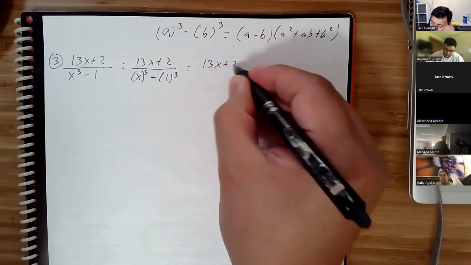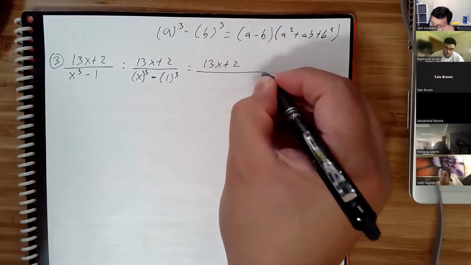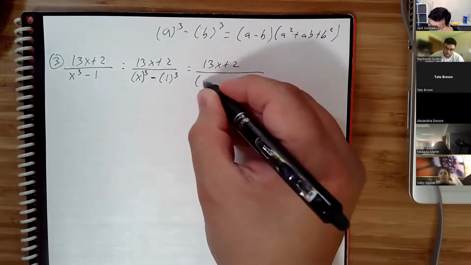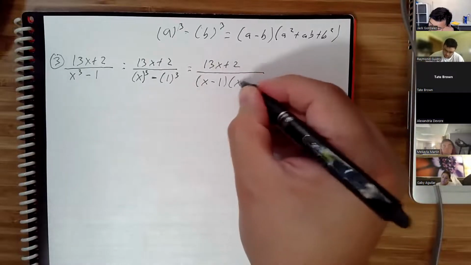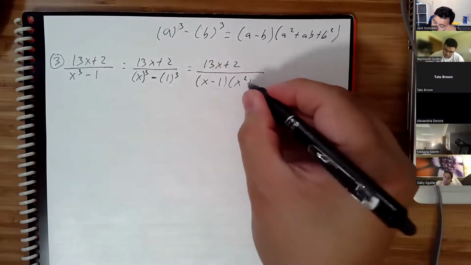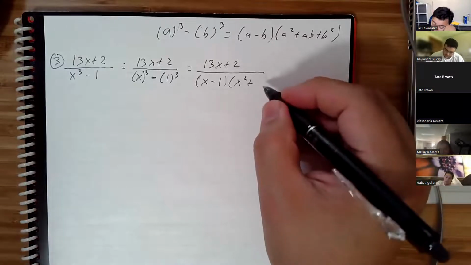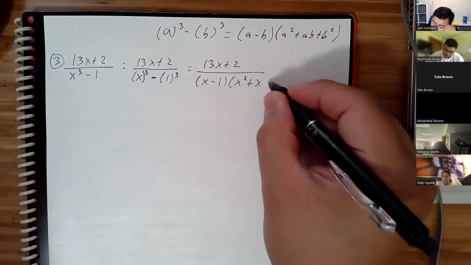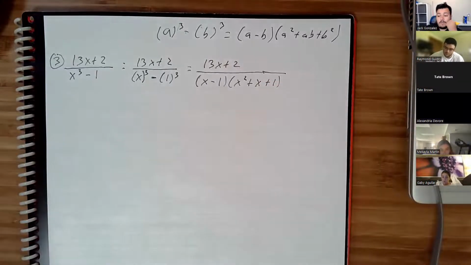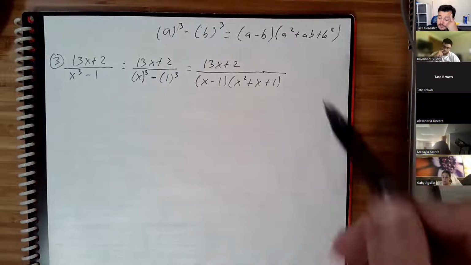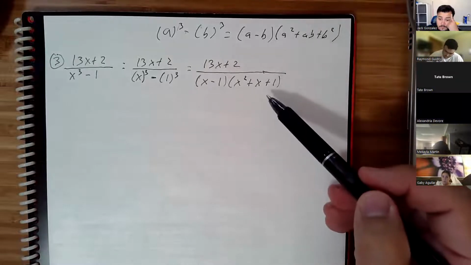Okay, so then just go ahead and plug them in. We're going to have a, which is x, minus b times x squared plus ab, so it'd be 1 times x plus b squared. So there's a factorization, applying the formula, difference of cubes.